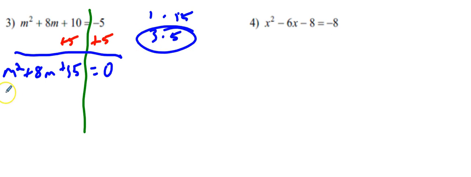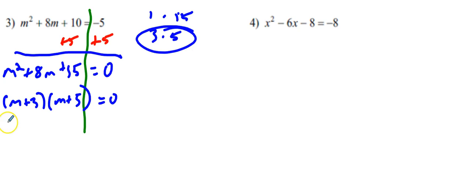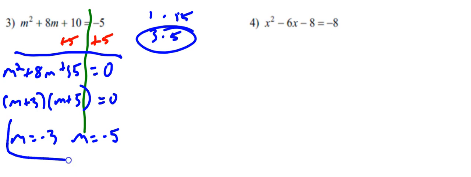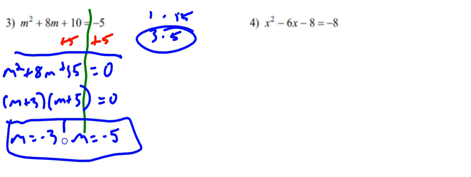So let's just break that into two factors of m plus 3 and m plus 5 equals 0, and then set each of those equal to 0 and solve, and you should end up with m equals -3, m equals -5. All right, hit pause if you're not finished, or we're moving on to number 5.